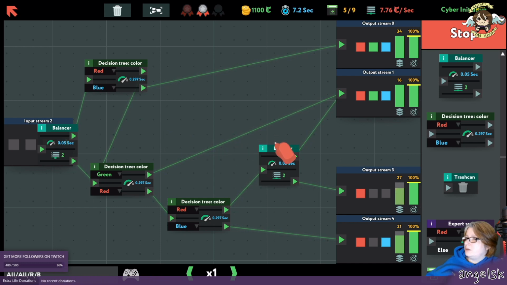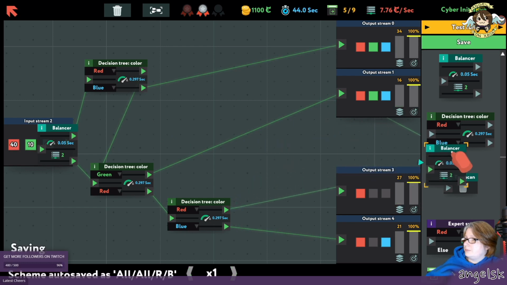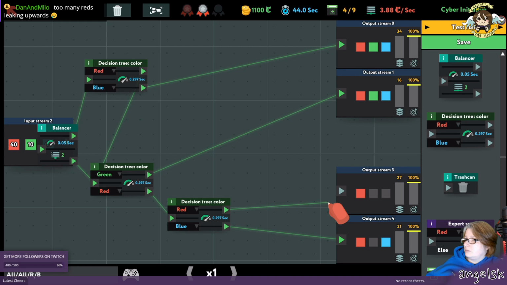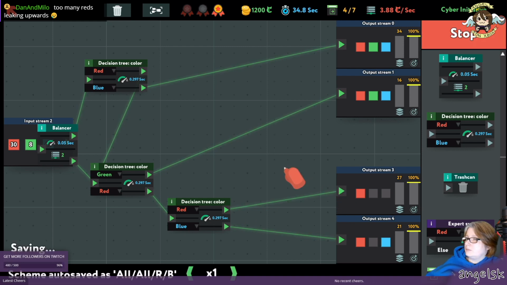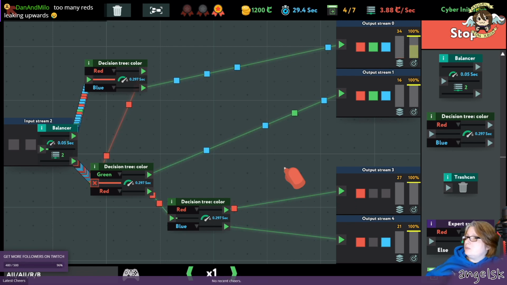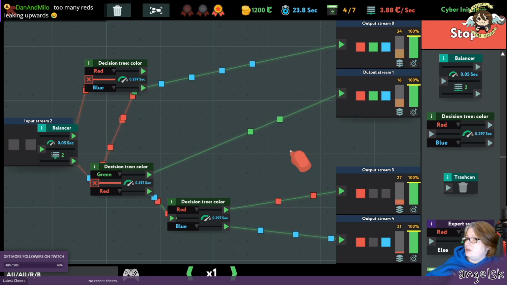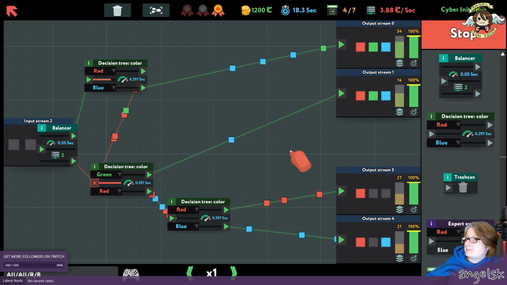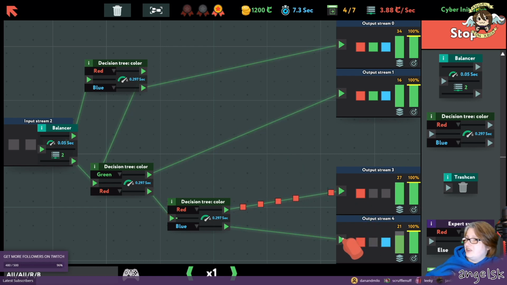I don't think that needs to split. Too many reds. It's not leaking upwards. We want them to have reds at the top because there's 40 of them. And this one needs like 34 things. So we need something. Now I've got the situation where I've not got enough blues down here.